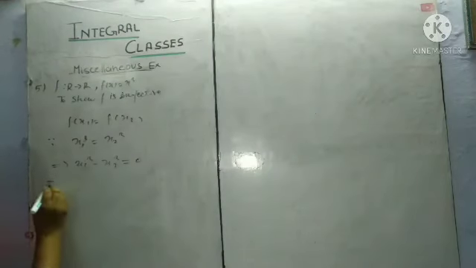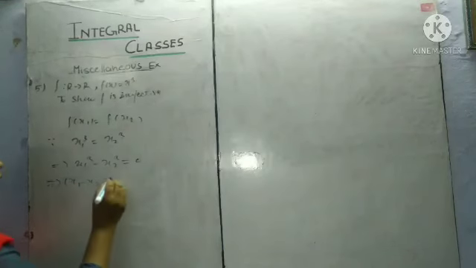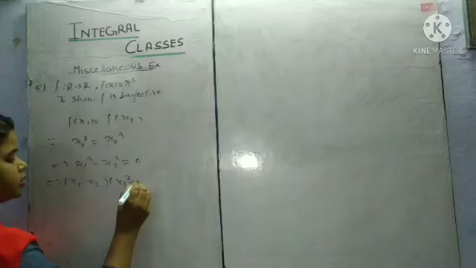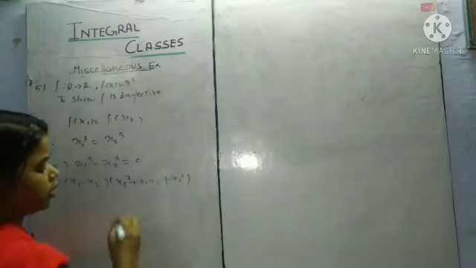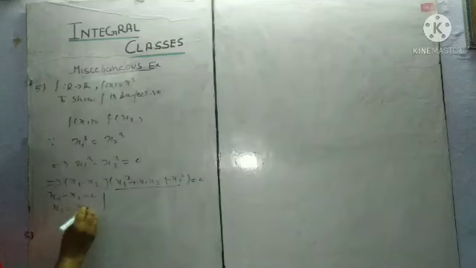Now we will factor: (x1 - x2)(x1 square + x1x2 + x2 square) = 0. Now this factor we will not consider because x1 - x2 = 0. So we will get x1 = x2.